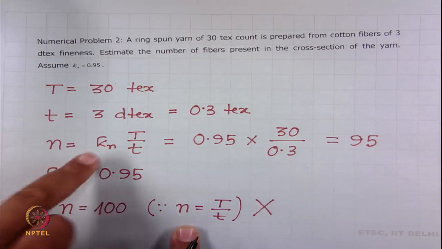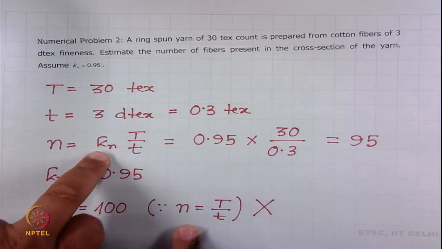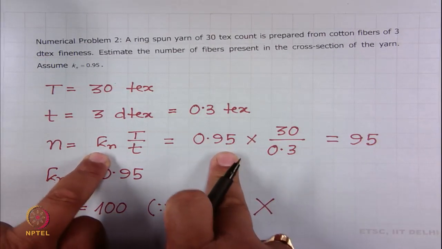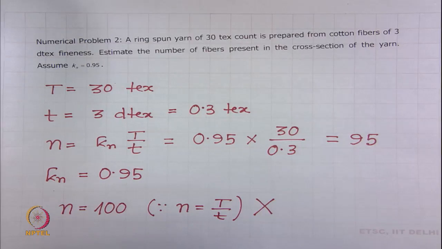For yarn you have to multiply k n, k n has a value not equal to 1, 0.95. This we have already spoken, all right.